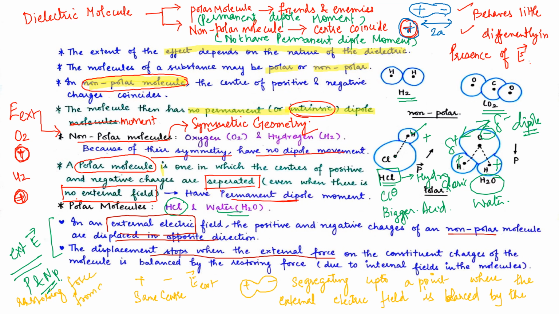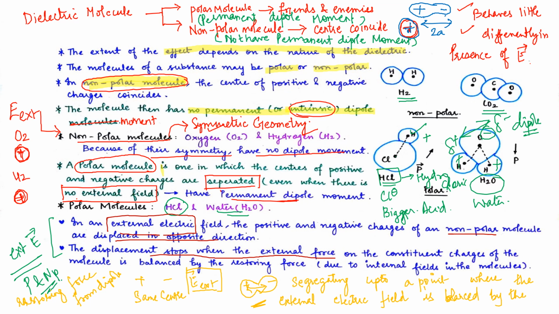from the dipole. From this dipole, they will start stretching up, but they will have some restoring force also, as every dipole has. So this restoring force will be normalized with the external electric field. After that, this stretching will stop.